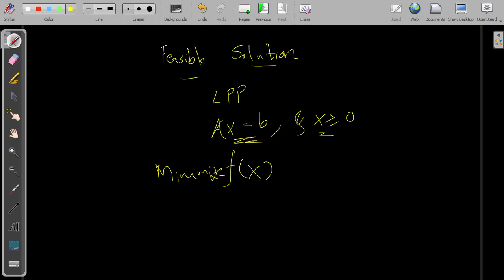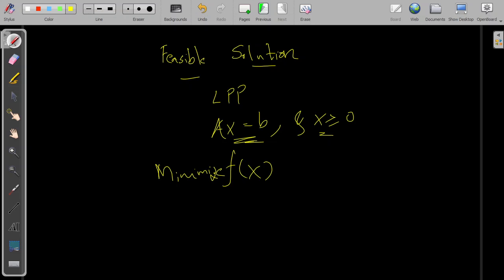Then the basic solution is one in which n minus m variables, if n greater than m, are set equal to 0. A basic solution can be obtained by setting n minus m variables to 0 and solving the constraints using that. Then we have optimal solution. A feasible solution that optimizes the objective function is called an optimal solution.